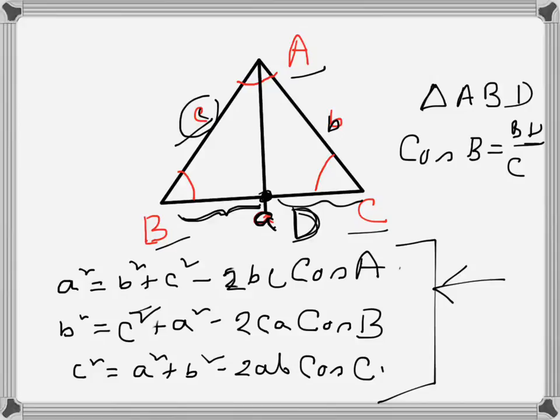Adjacent over hypotenuse is cosine. So BD can be written as c cos B.